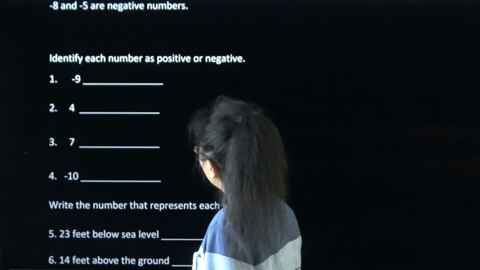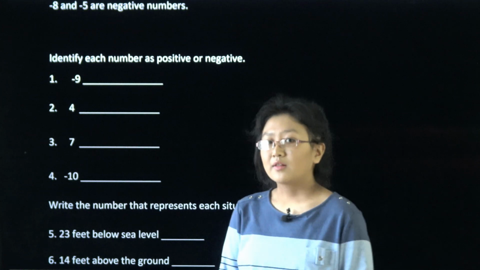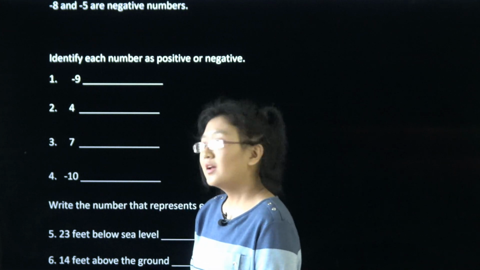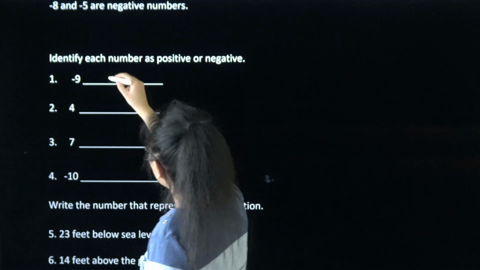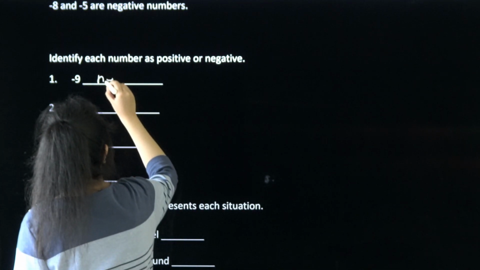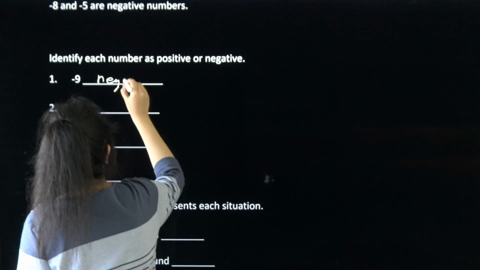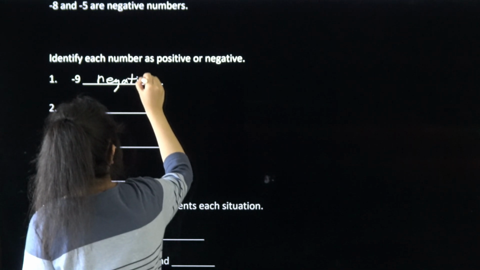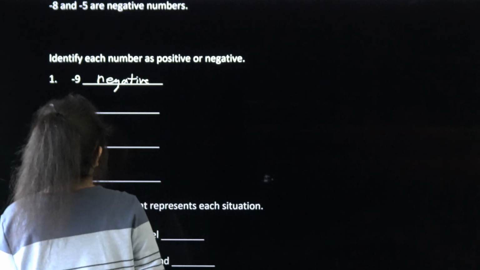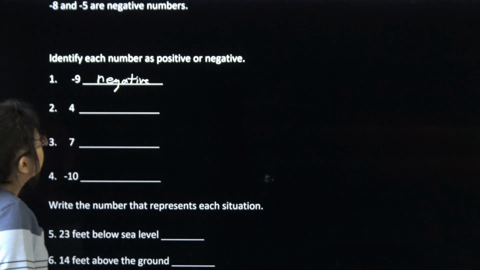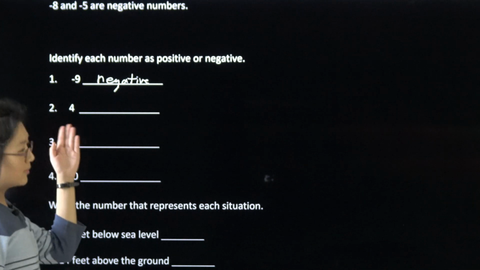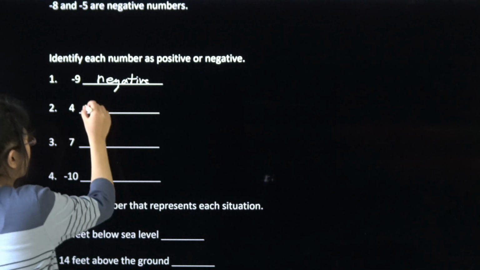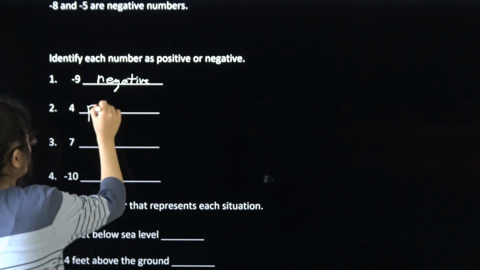Identify each number as positive or negative. So question 1, does it have that little dash minus thingy? Yes, it does. So it's a negative number. Question number 2, 4. Does it have that little minus negative dash thingy? No. So it's a positive number.